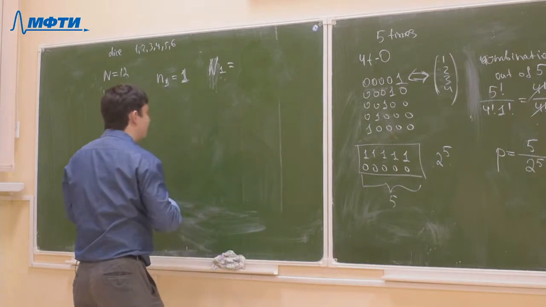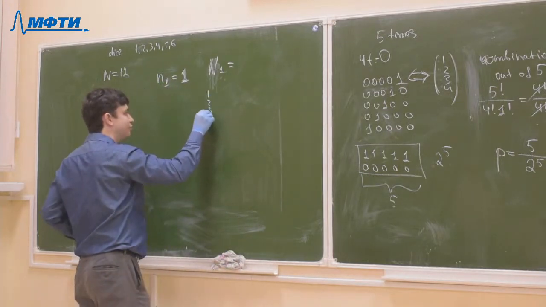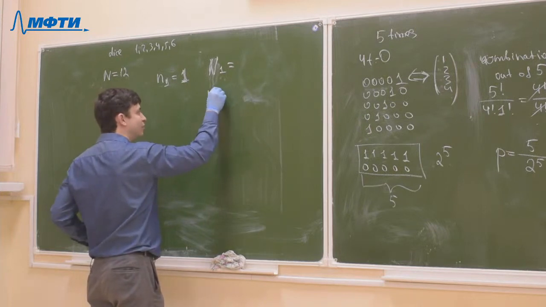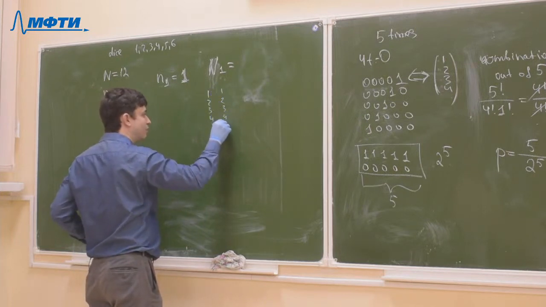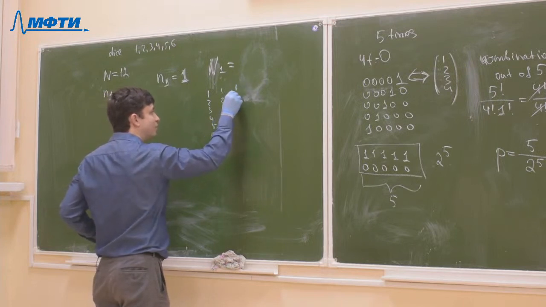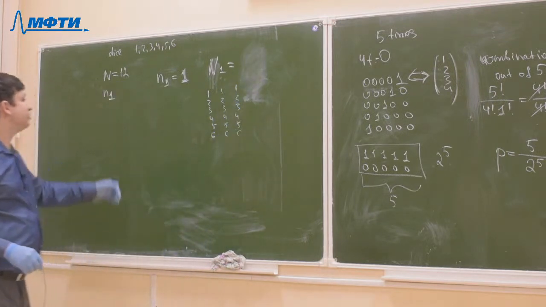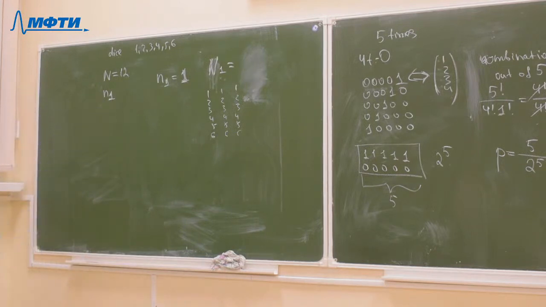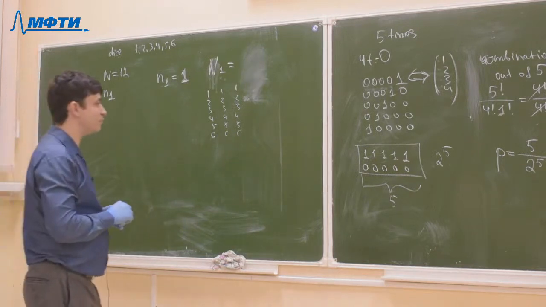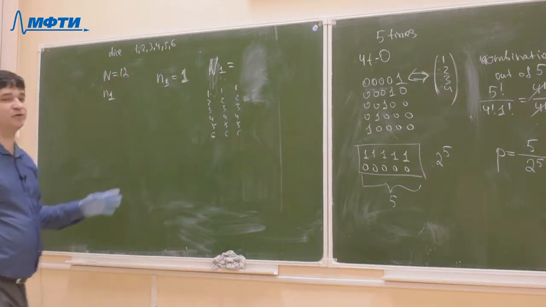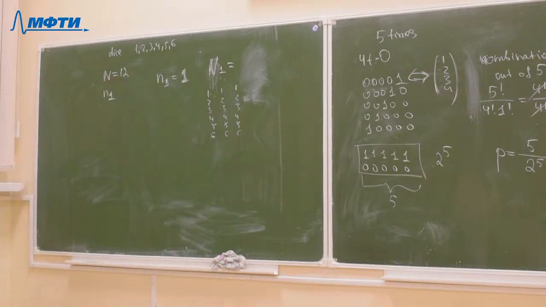So we have outcomes 1, 2, 3, 4, 5, 6. We do this experiment 12 times, and we calculate the number of combinations in which I have exactly one 1, and all of the other results are different from 1.